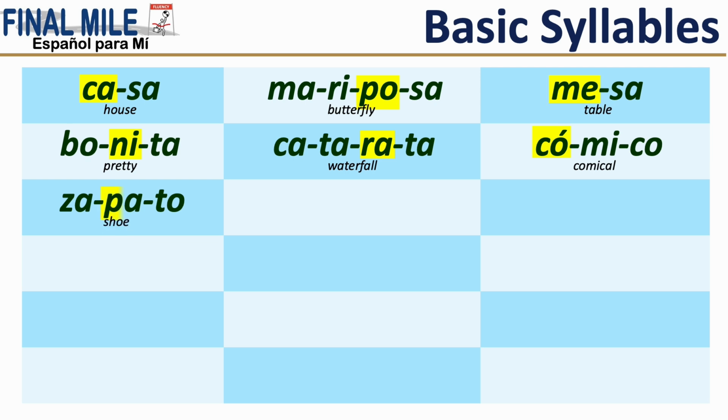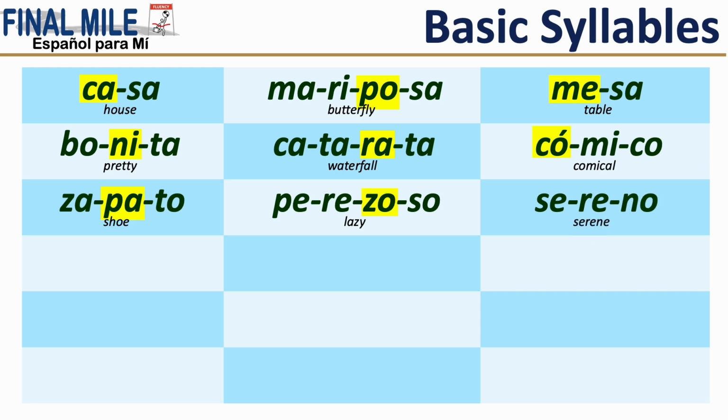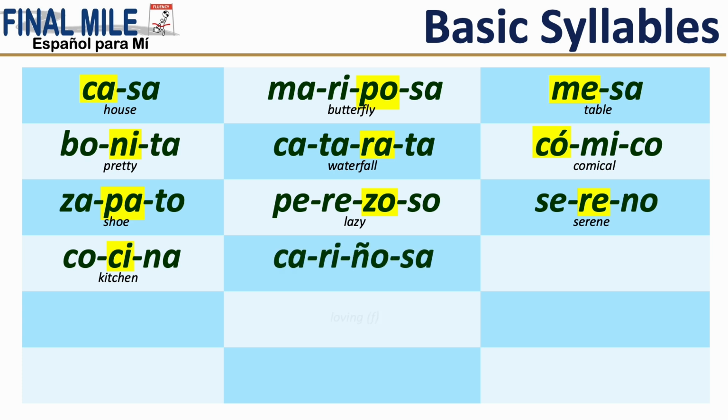No Z sound. Zapato. Again, no Z. Perezoso. Sereno. Cocina. Here's an ñ.